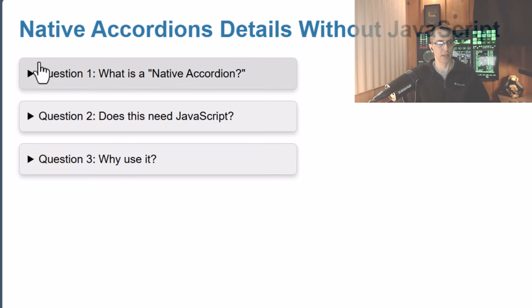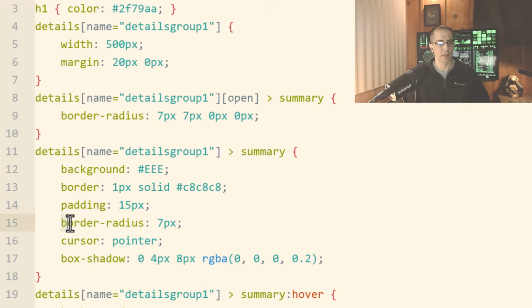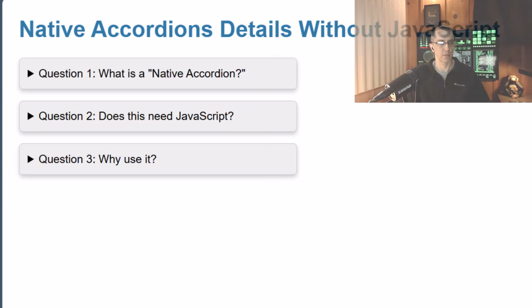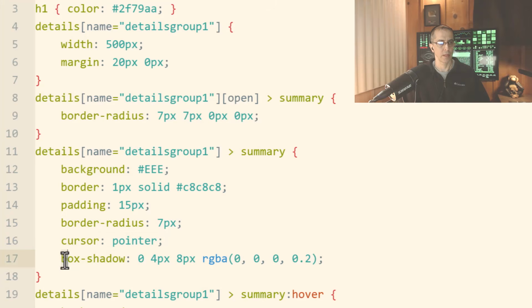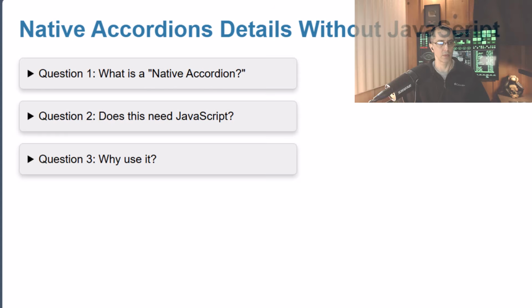Then I already explained the border radius, which changes on the bottom corners when the summary is open. And we give it cursor pointer, that way as the mouse cursor goes over it, it gets the little hand and finger clicker. And then we just give them a box shadow, that way there's a little shadow effect on each of the summary elements.